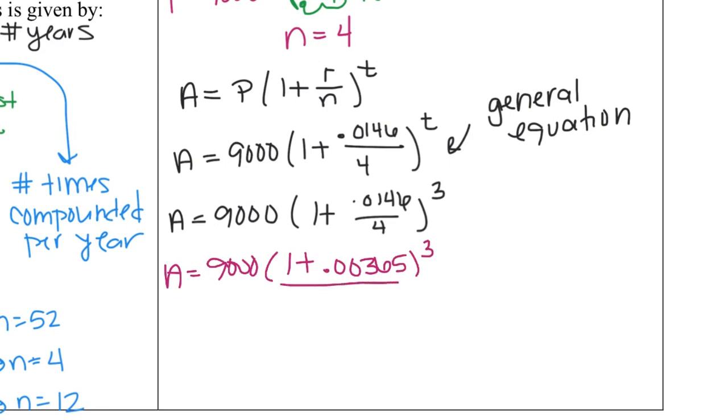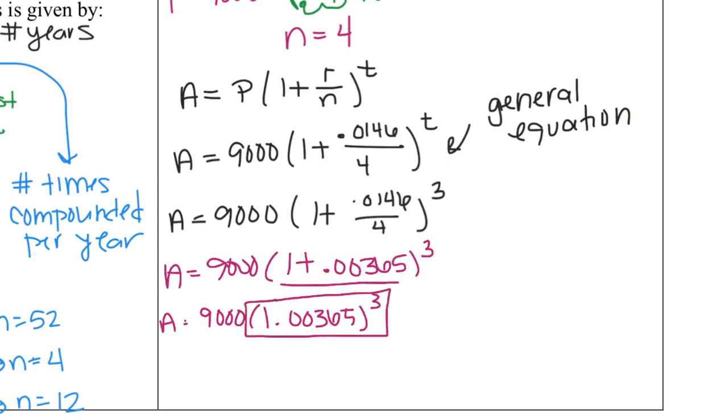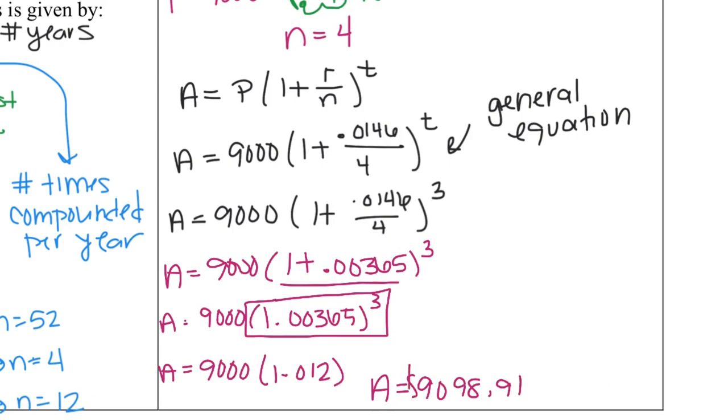Then I need to add 1 plus 0.00365, which is just 1.00365. Now I can use the exponent. I'm going to take 1.00365 to the third power. So we get 9,000 times 1.012. And then finally I can multiply these together. 9,000 times 1.012 is 9,098.91. So this is the amount of money in the account after 3 years with this interest rate, compounded quarterly.